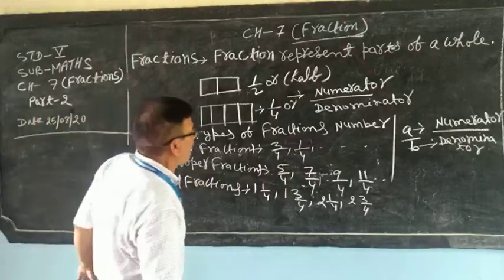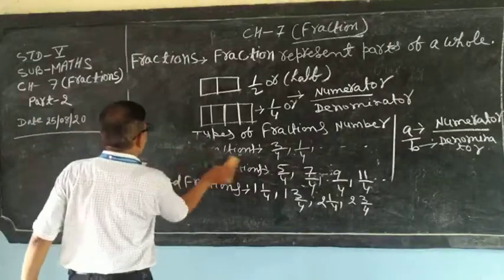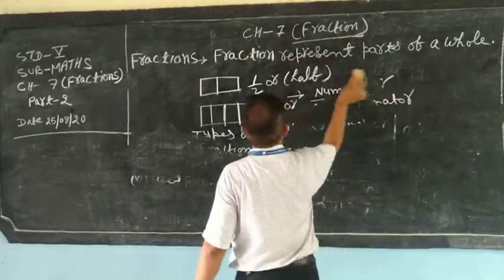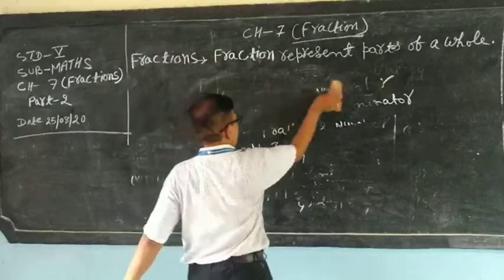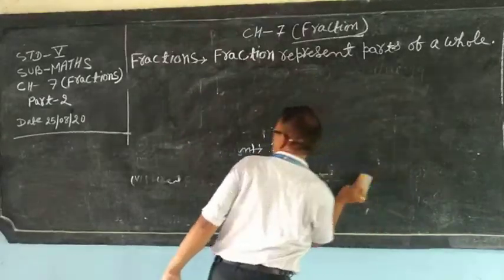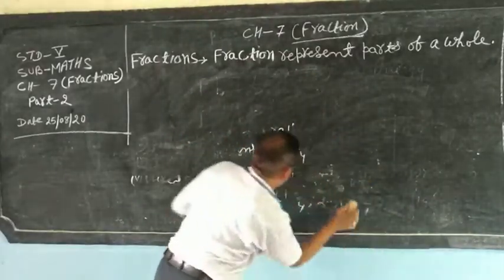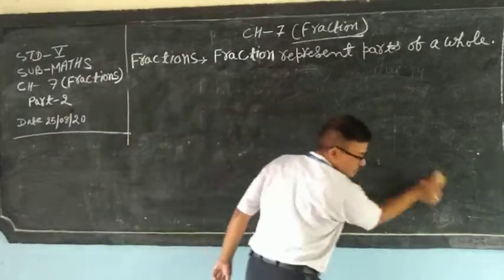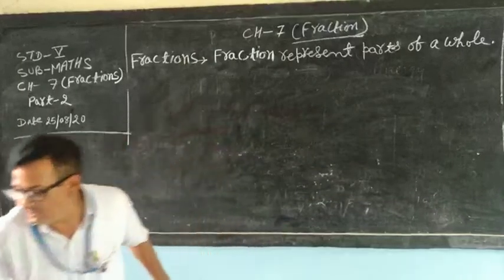Understood now? Now I am coming to equivalent fractions. What is this one?